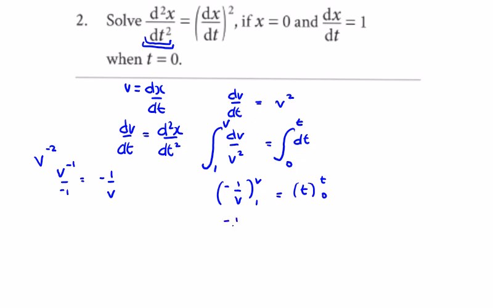So we're going to get minus 1 over v minus 1 over 1 is equal to t minus 0. So 1 over v, if I bring it to the right, will be equal to 1 minus t. So we can invert these fractions to get v is going to be equal to 1 over 1 minus t.